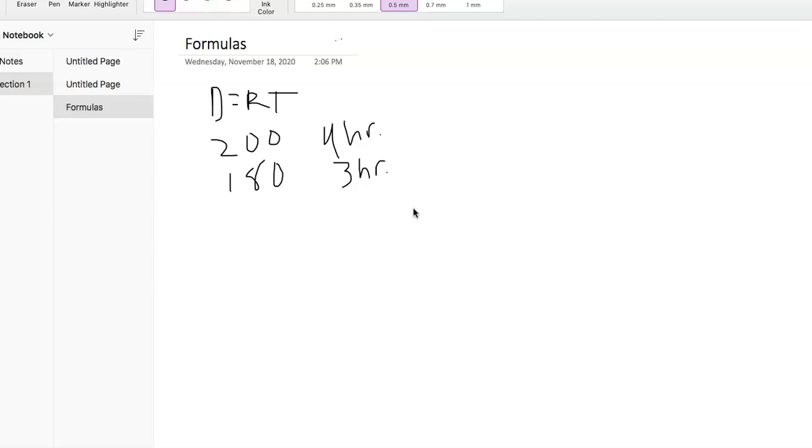Okay, so here's the mistake people make. They go like, all right, 200 divided by 4 is 50. That's 50 miles an hour. 180 divided by 3, that's 60 miles an hour. Combine the two, average them out, 55 miles an hour. Okay, don't do that.